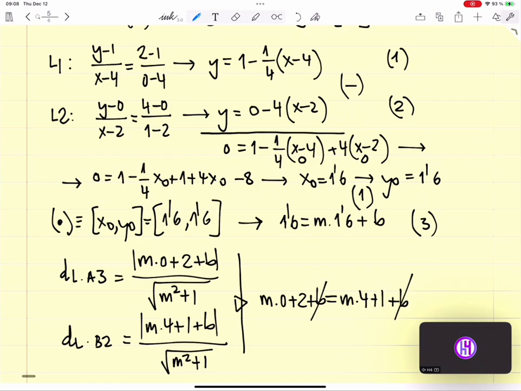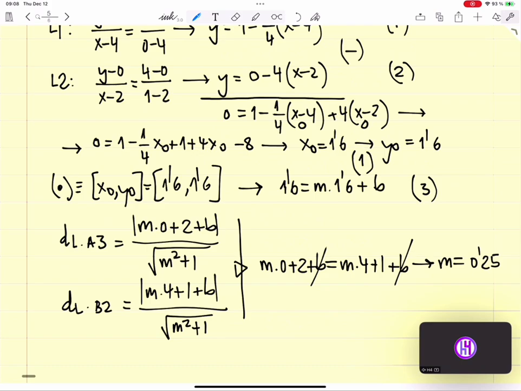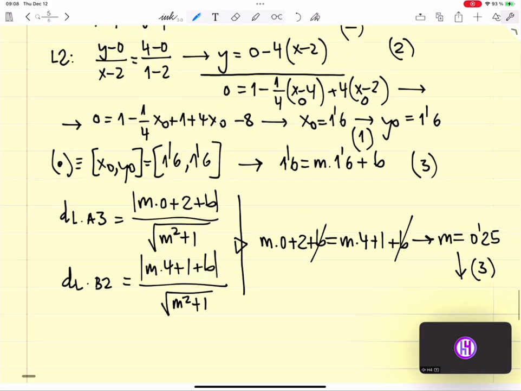You cut, so you get that m equals 0.25. If you plug that into 3, you get that b equals 1.2. So the equation that we're looking for is 0.25x plus b.